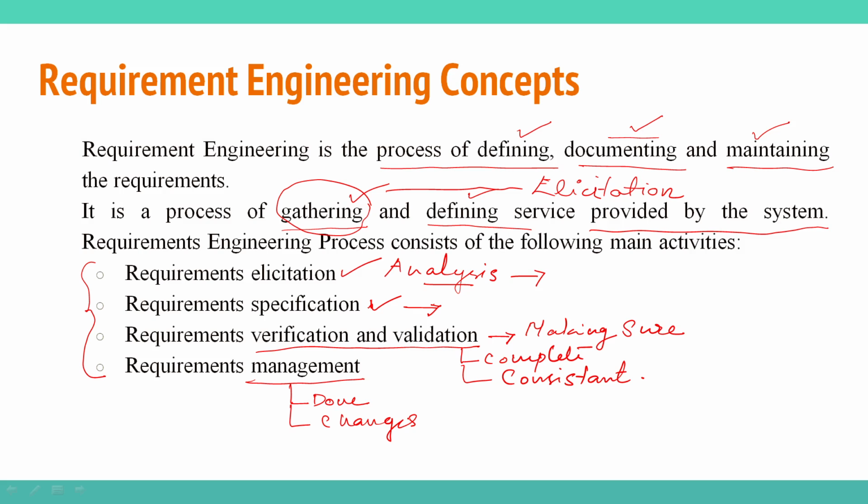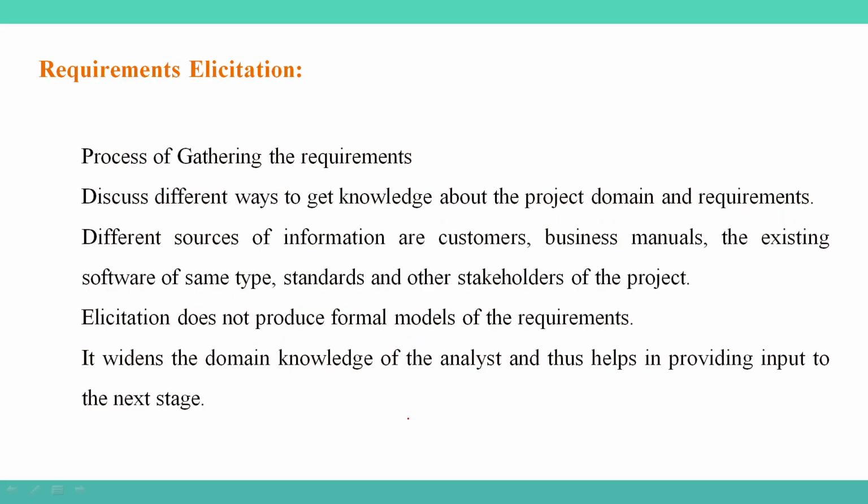Now we will go one by one. What is elicitation? It is the process of gathering requirements. It is a process of bringing out the requirements from the users. There are various techniques that discuss different ways to get knowledge about the project domain and requirements.